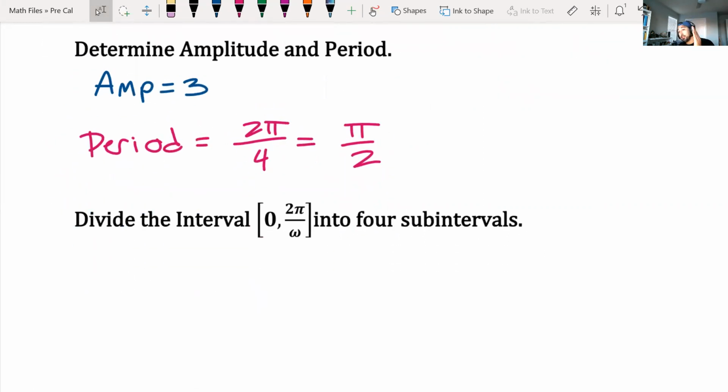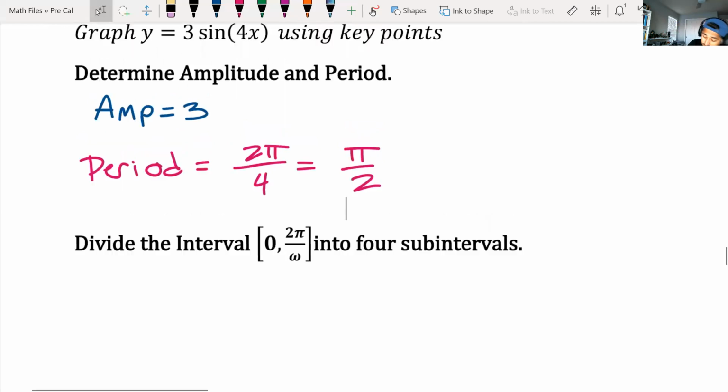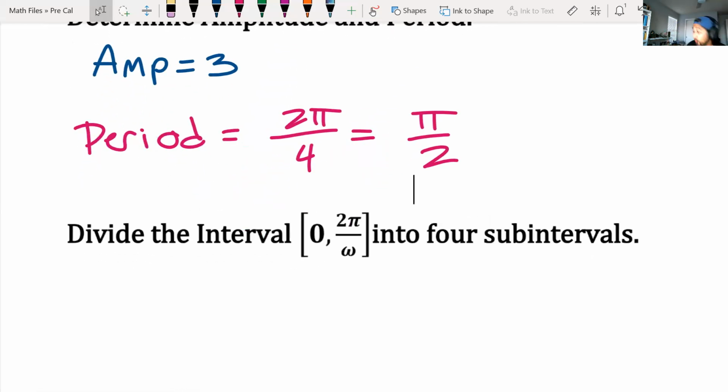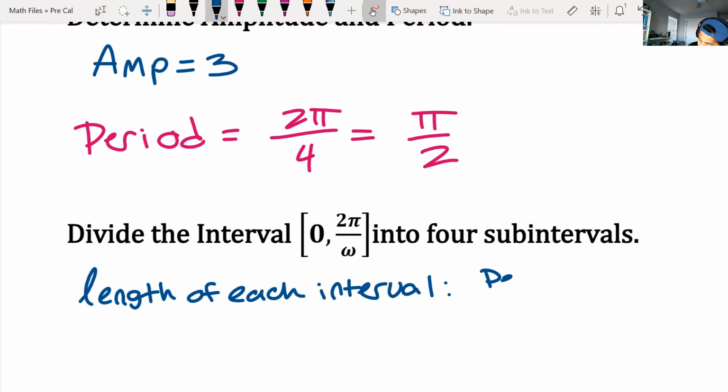Okay. So this is how key points works. We take the period of this function and we divide it into 4 sub-intervals. So the first thing we need to know is the length of each sub-interval. Since we're dividing it into 4, the length of each interval is given by the period over 4.